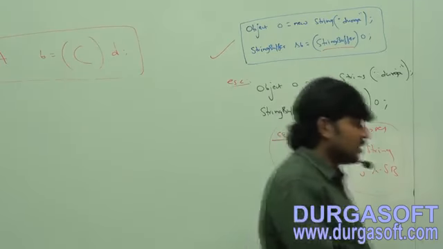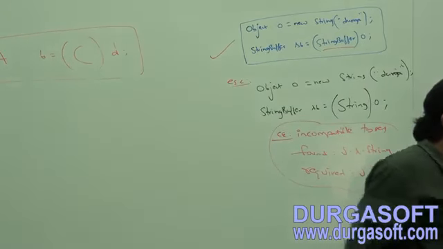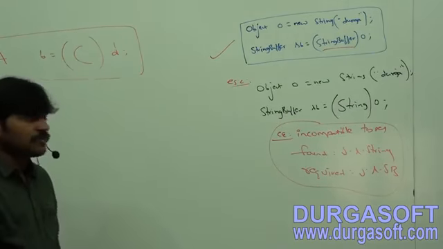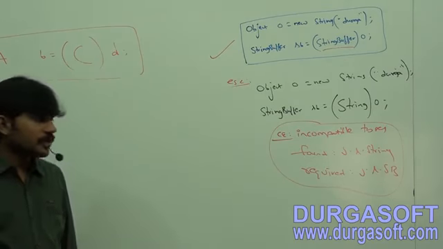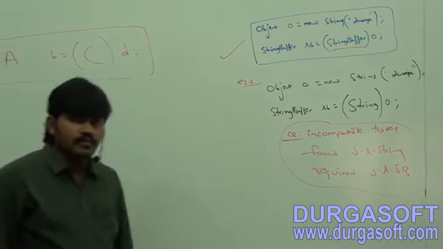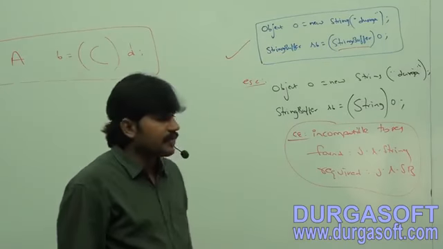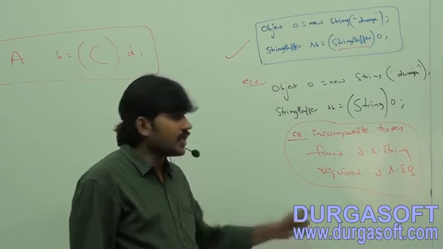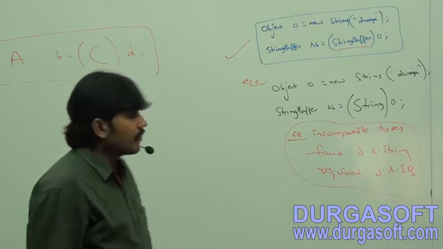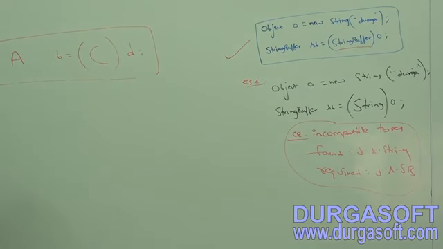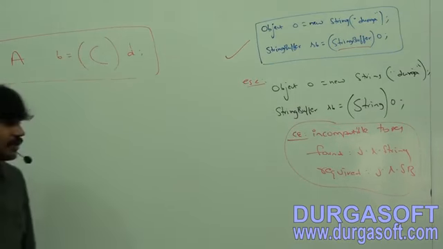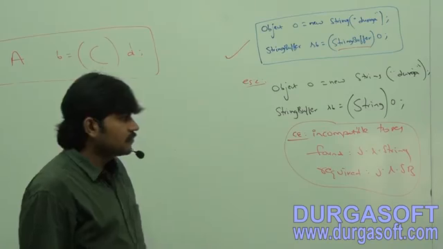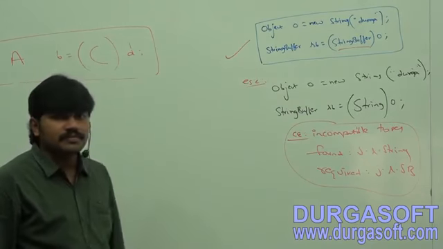StringBuffer SB is equal to (StringBuffer) O. So we will get a compile-time error saying incompatible types: found java.lang.String, required java.lang.StringBuffer. That's all.